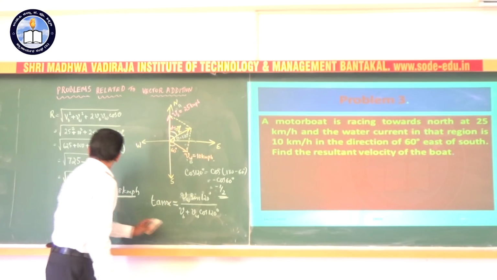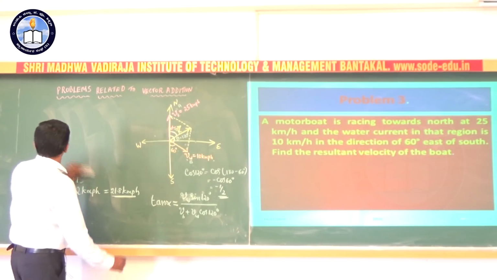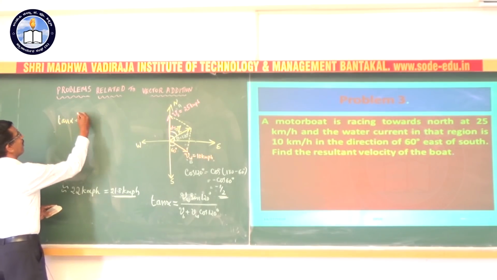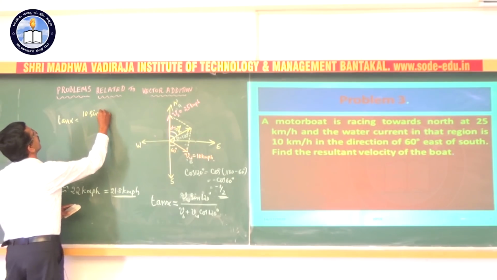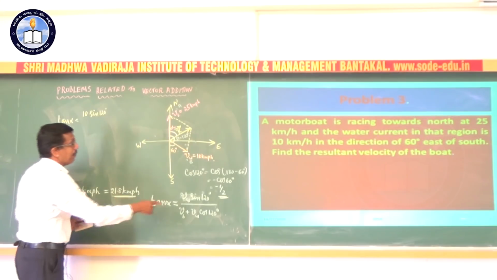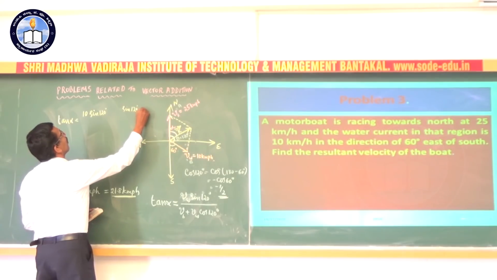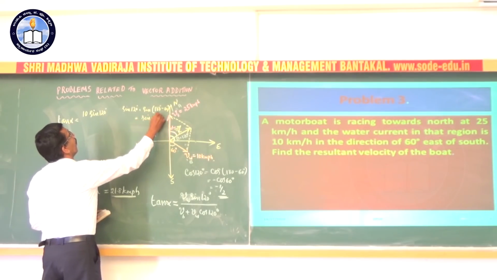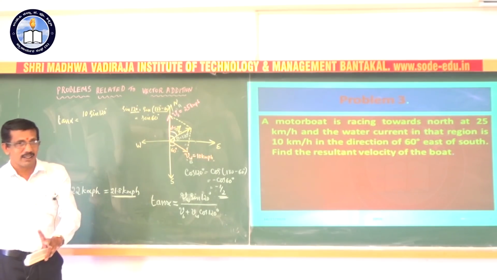Now simplify this. See here, tan alpha is equal to VW is 10, sin 120 degree. Same as this we have to work out. Sin 120 degree is equal to sin of 180 minus 60 degree, that is equal to sin 60 degree, because 180 minus 60, or 120 degree, lies in the second quadrant.